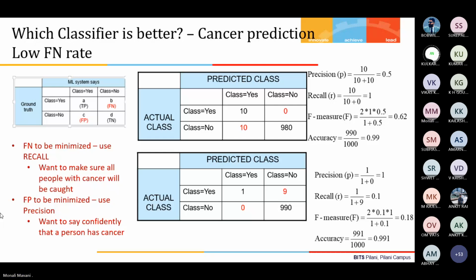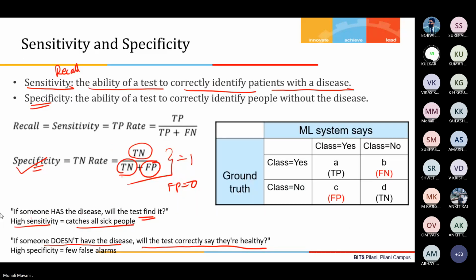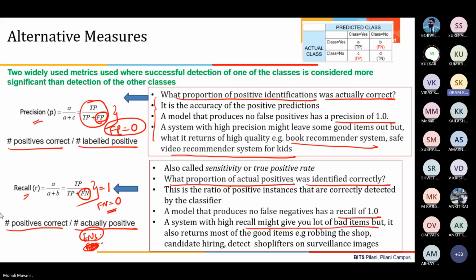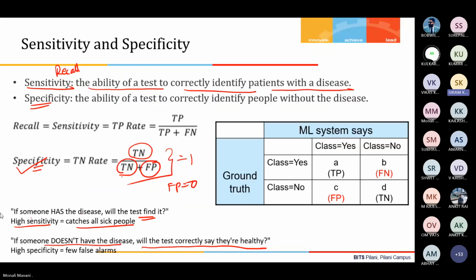In the robber example, what is the specificity? It would be the ability to identify less valuable items. See, as a robber, you won't be interested in specificity, right? You want to gather as many valuable items as possible. So you will do that, even if some of the non-valuable items come up.